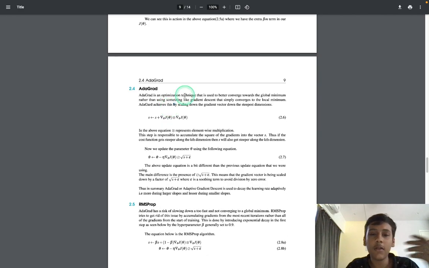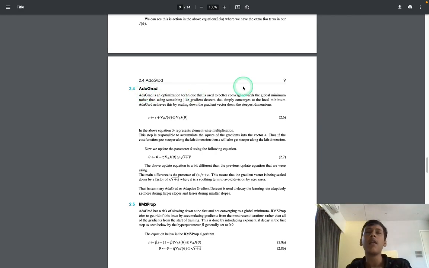So the first optimizer that we're going to be looking at today is adaptive gradient descent, or Adagrad for short. I don't know if you have ever used Adagrad before, but I'm pretty sure you would have heard of the name because it's a pretty popular optimization technique. I know that these days people usually just like to use RMSProp and Adam.